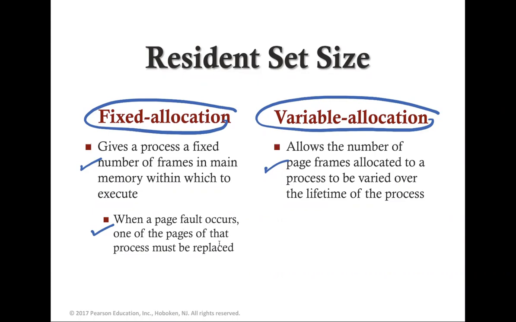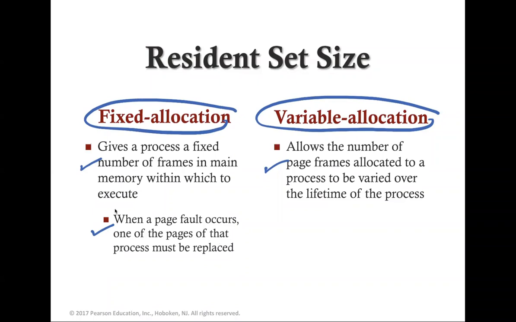The variable allocation policy appears to be the more powerful one. However, the difficulty with this approach is that it requires the operating system to assess the behavior of active processes. This requires software overhead in the operating system, and is dependent on hardware mechanisms provided by the processor platform.